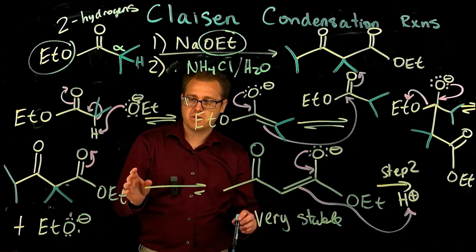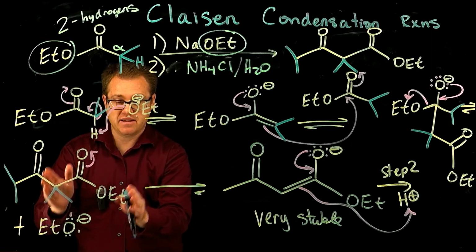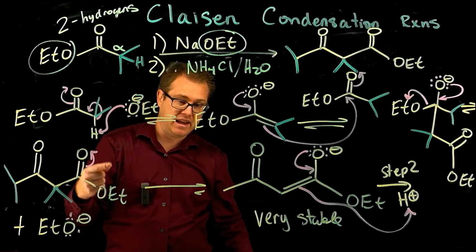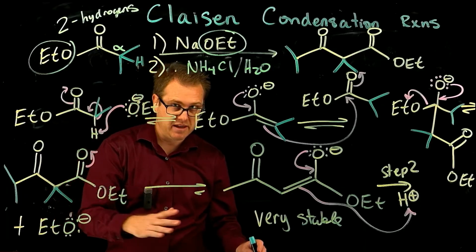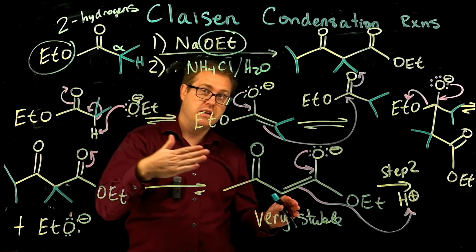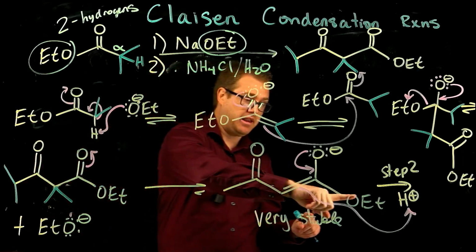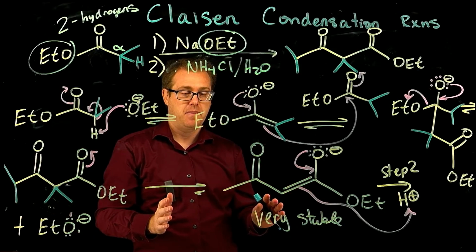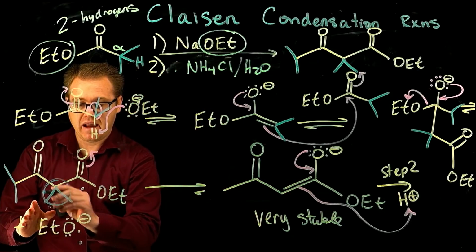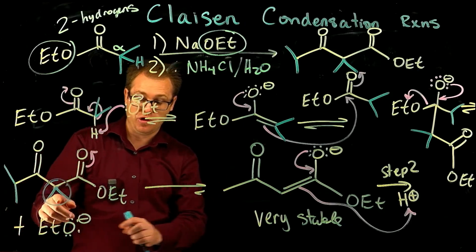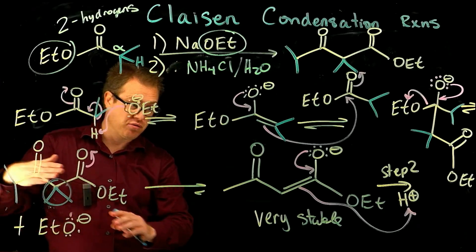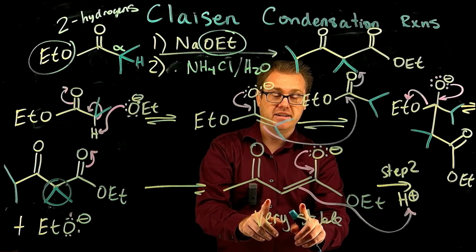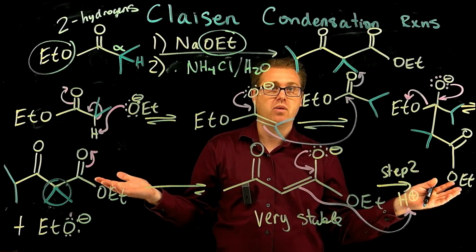The reason why this reaction works is because of this step. This step is basically irreversible. It's not completely, but it is so strong in the forward direction that it drives the reaction. And when you don't have an alpha proton here to be deprotonated to drive the reaction to this stable intermediate, it doesn't go.